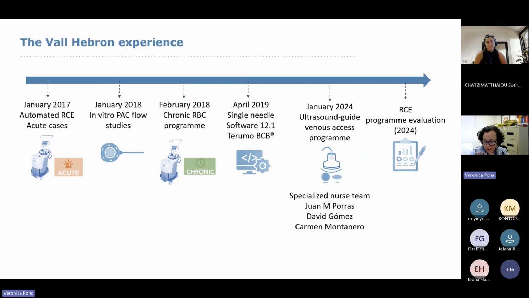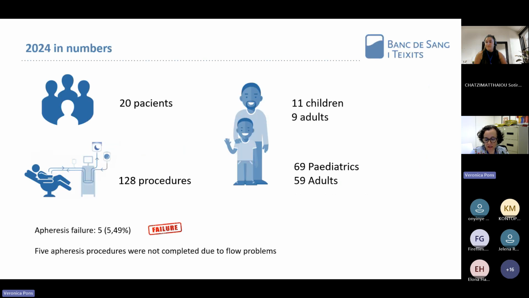And what happened in the last year? I have to say that the number of patients included in the program has increased. And if we look at 2024 in numbers, as you can see, we treated 20 patients performing 128 procedures.